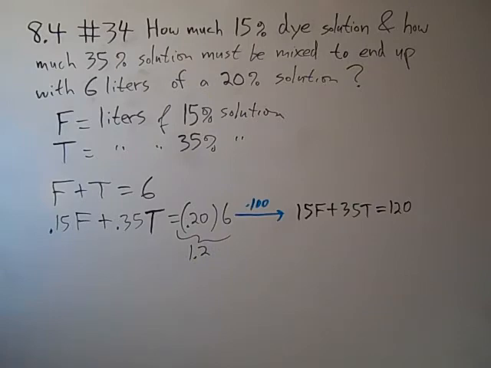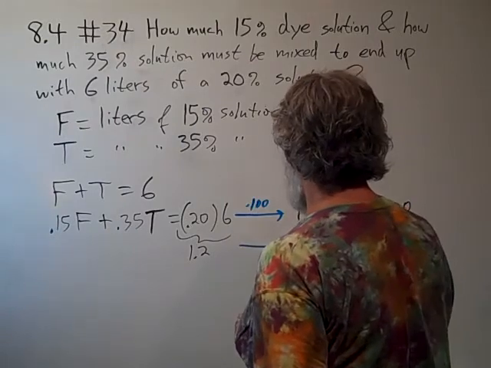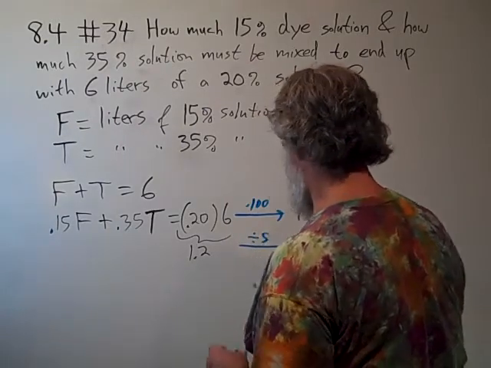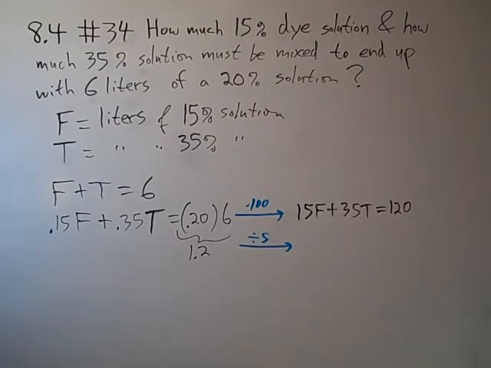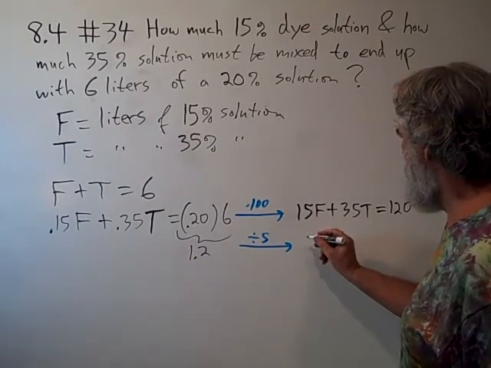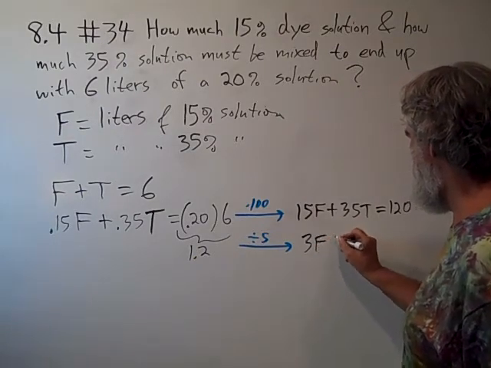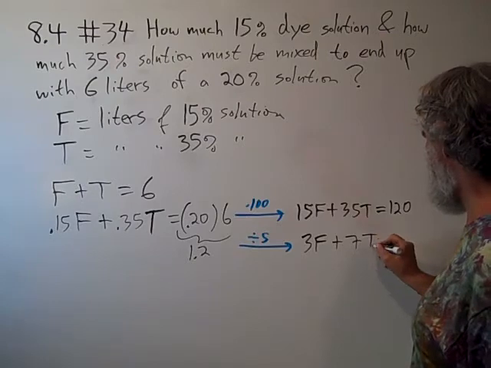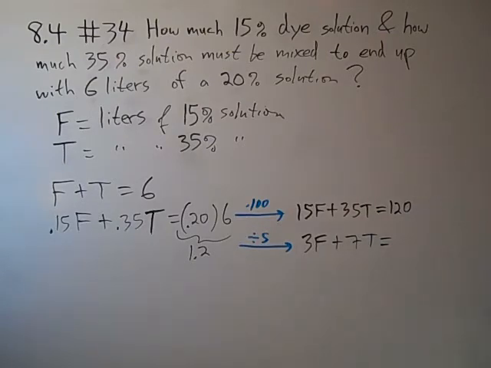Now notice that 5 divides into everything. So if we divide everything by 5 now, we get 3F plus 7T equals 24.